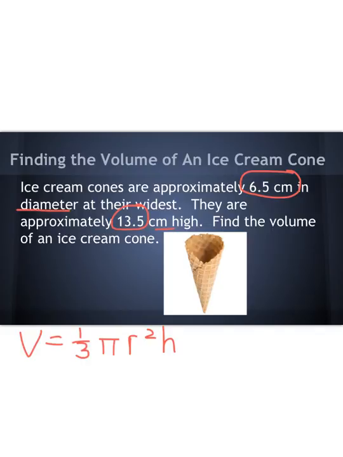First, I would like you to substitute pi, the radius once, the radius twice, and the height. I want you to multiply those numbers and round to the nearest tenth. Pause me while you're working, and when you have a final answer, come back and check with me.